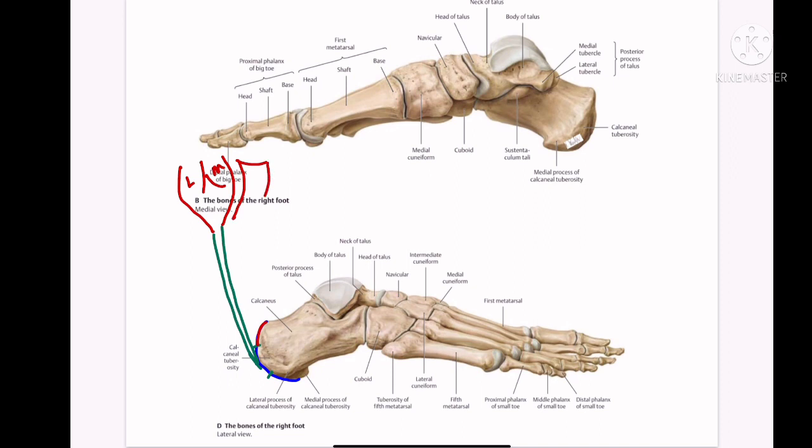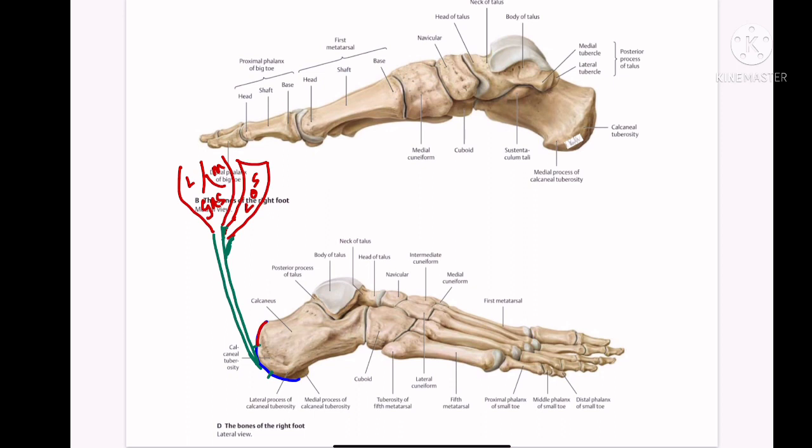So we'll also draw the soleus muscle like this. This is the gastrocnemius, this is the soleus. This conjoint tendon of gastrocnemius and soleus is known as the tendocalcaneus, and that is inserted into the middle one third of the posterior surface.